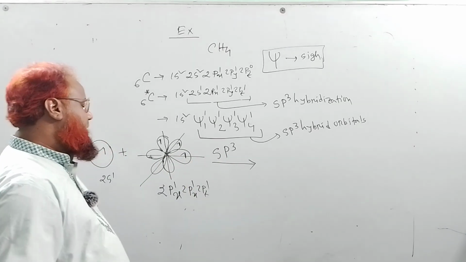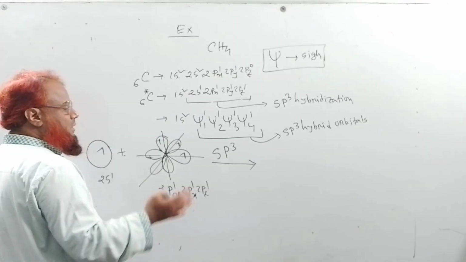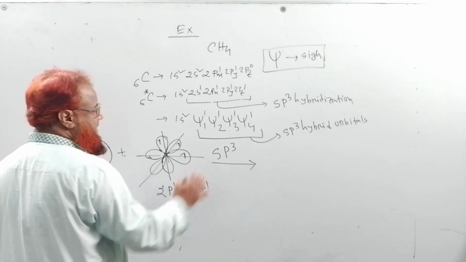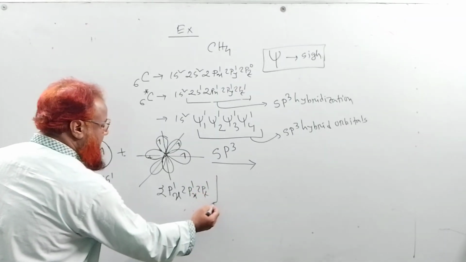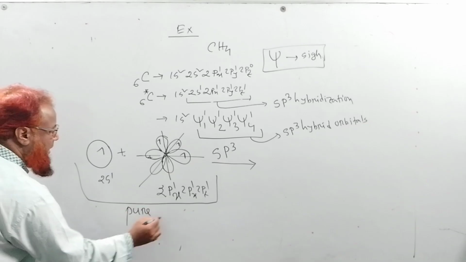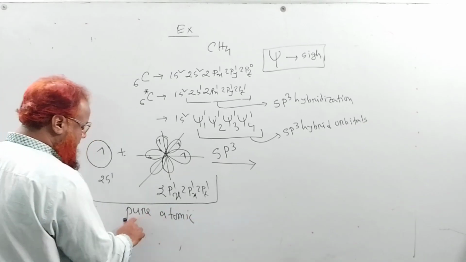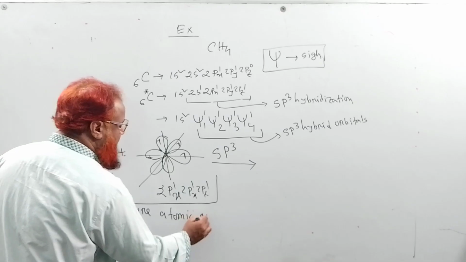sp3 hybridization. Here sp3 means 4 orbitals are participating, and these orbitals before intermixing are known as pure atomic orbitals. Listen my dear students, pure atomic orbitals.